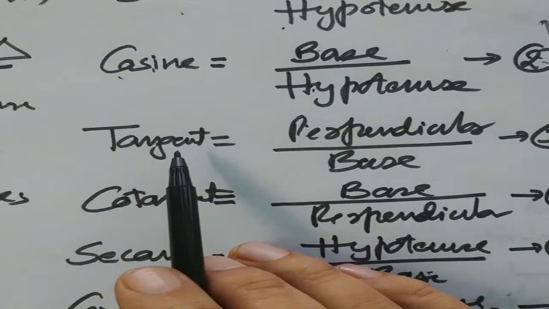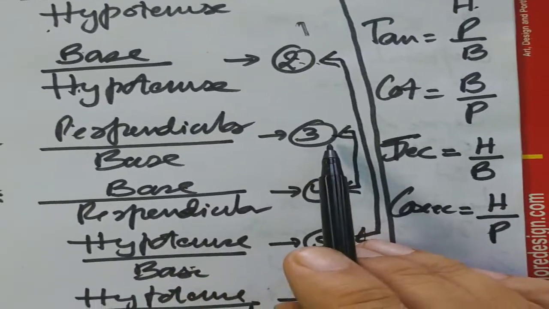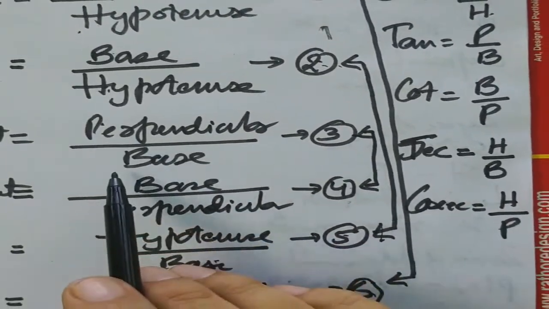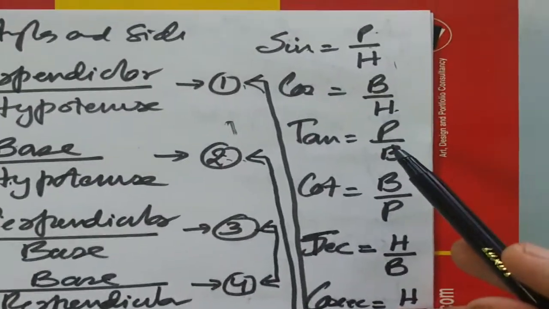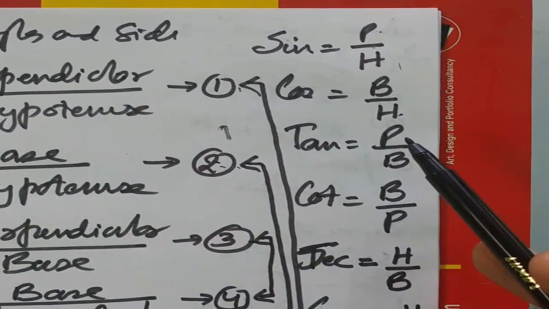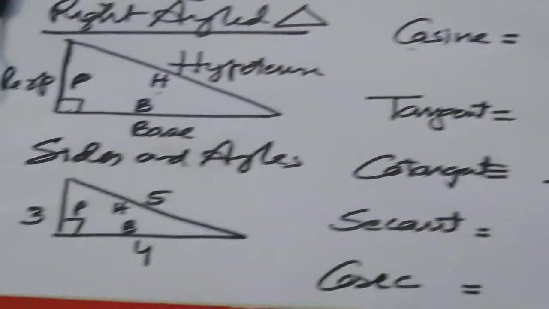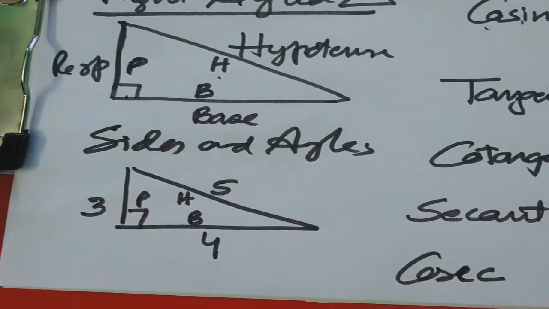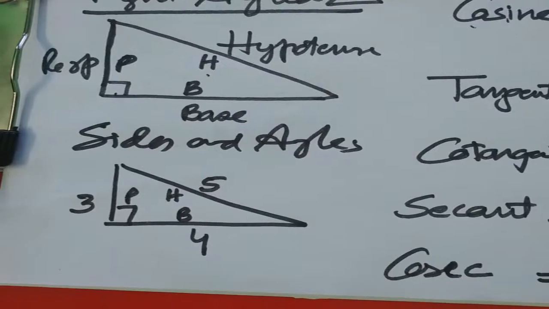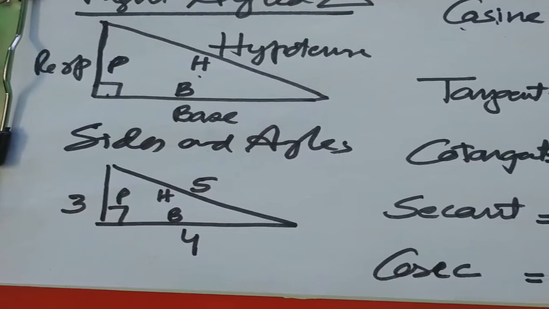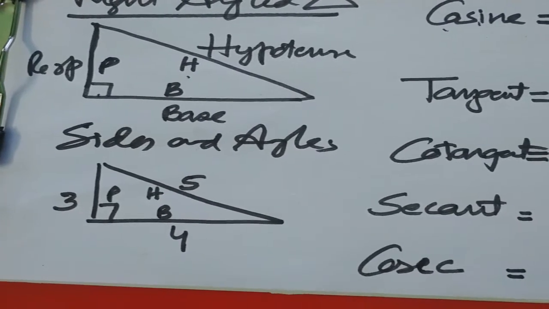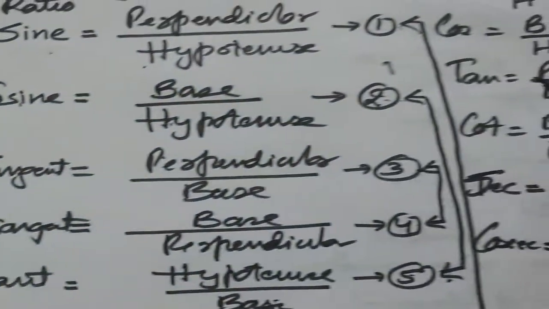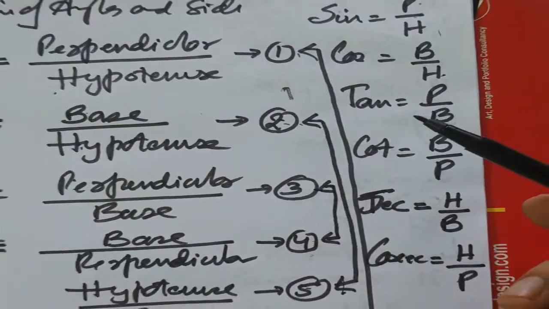Then tan is equal to P upon B. What is the value of P in this question? P is equal to 3 and B is equal to 4. So what is the ratio? 3 upon 4.